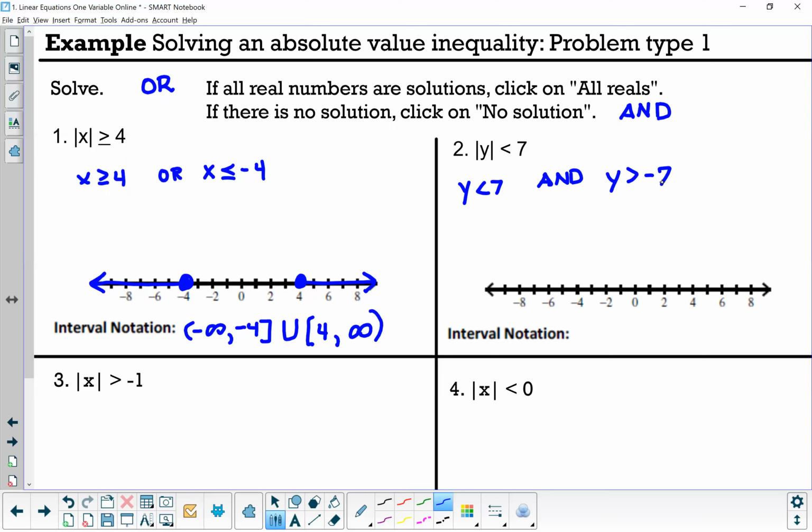So when we graph this, we're going to have an open circle at 7, an open circle at -7, and we're shading between those two circles. So for our interval notation, we have parenthesis, -7, comma, 7, close parenthesis. Open circle is not a shaded circle, so you have to use the parenthesis. Okay.